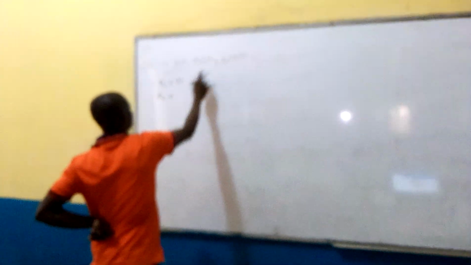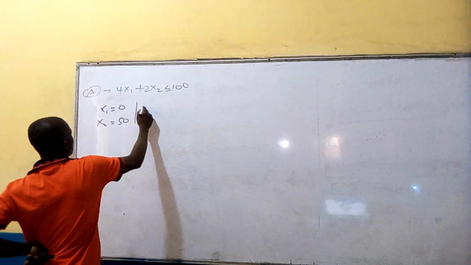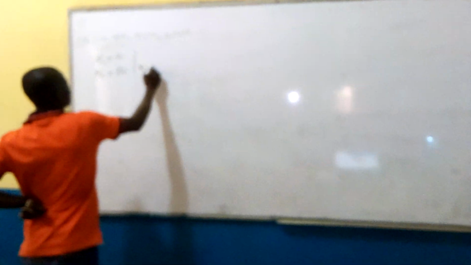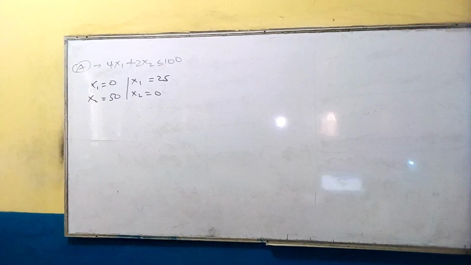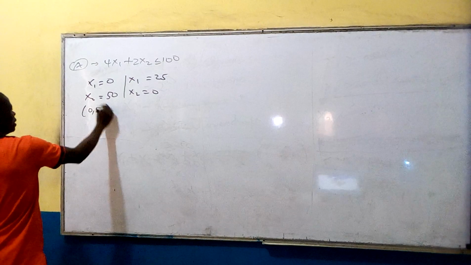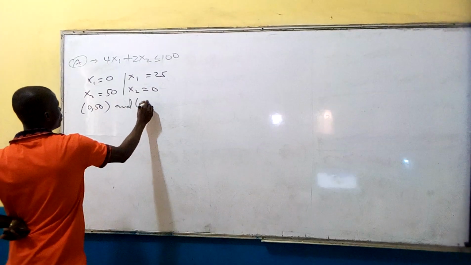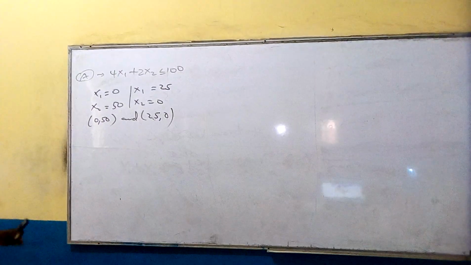If x1 is 0, then x2 will be 50, right? And if x2 is 0, then x1 will be 25. So we've gotten the points (0, 50) and (25, 0) to plot. That will give us the line for the first constraint.